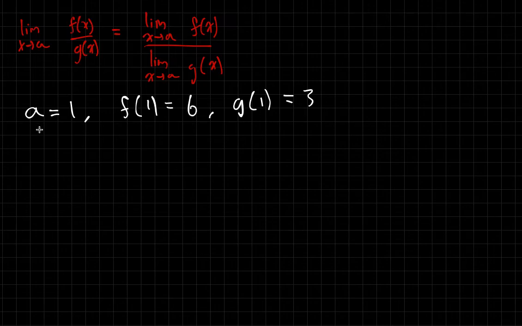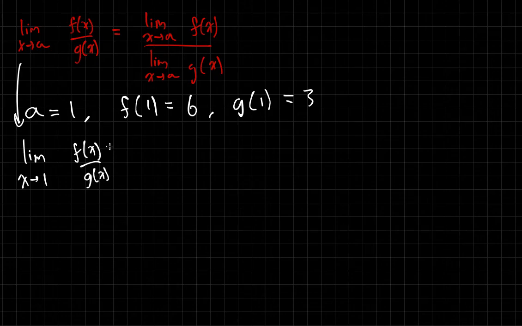If I wanted to rewrite this, this would just be the limit as x approaches 1 for f of x over g of x. And to solve this limit, not using the property again, I would just plug in 1 into my overall function, which would give me f of 1 over g of 1, which is 6 over 3, which is 2.